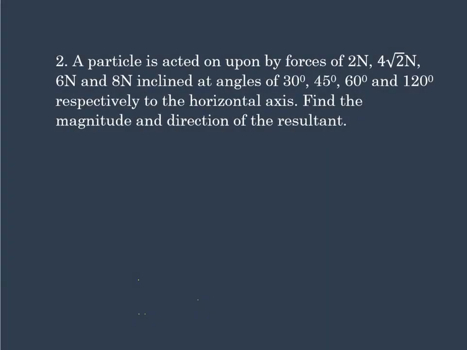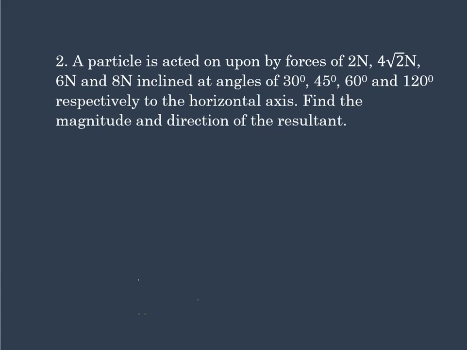We have example 2 here saying that a particle is acted upon by forces of 2 newtons, 4 root 2 newtons, 6 newtons, and 8 newtons, inclined at angles of 30, 45, 60, and 120 degrees, respectively, to the horizontal axis.